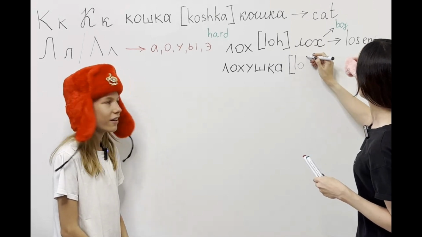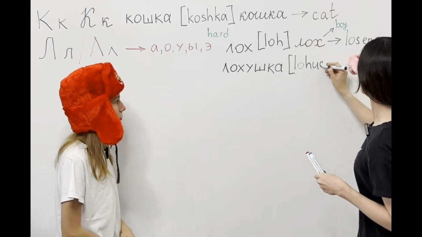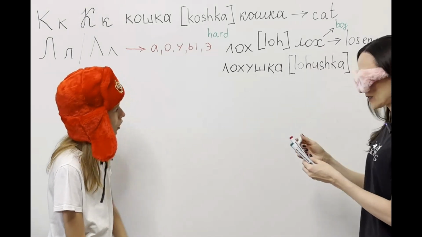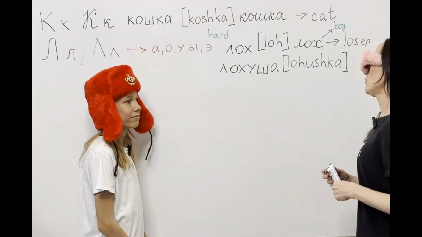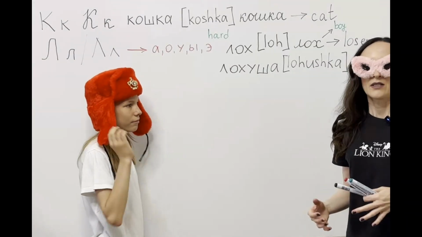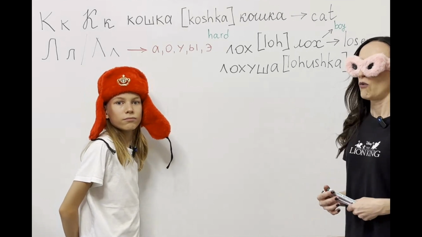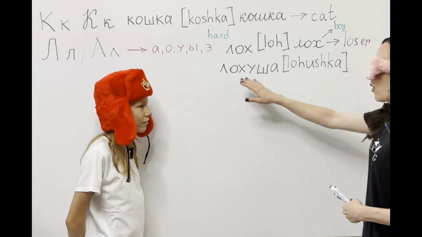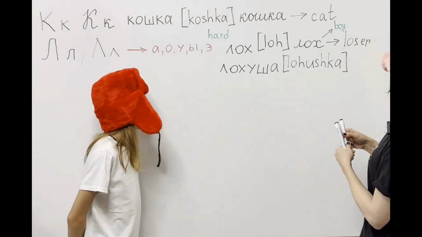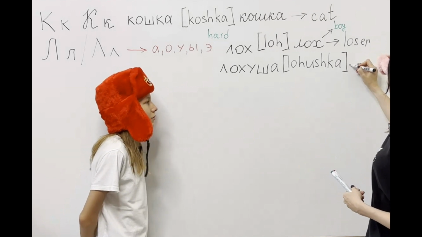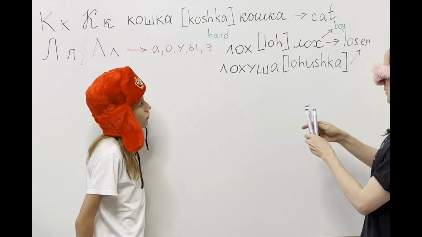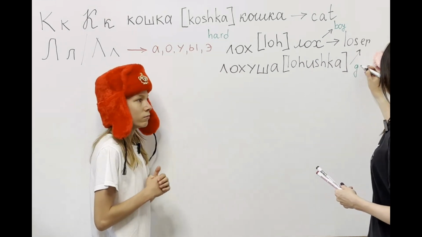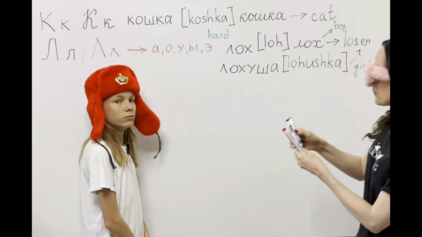Лохушка is a girl who is dressed in an ugly way, or who is silly, pitiful lady. You can call her лохушка. So again, this is a loser, but you use it to call girls. This is a girl. Лохушка.